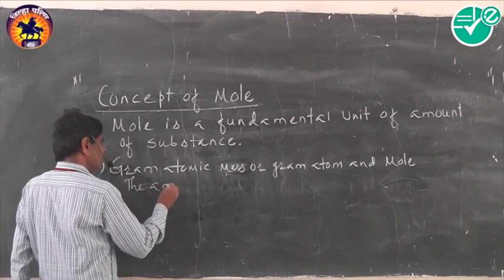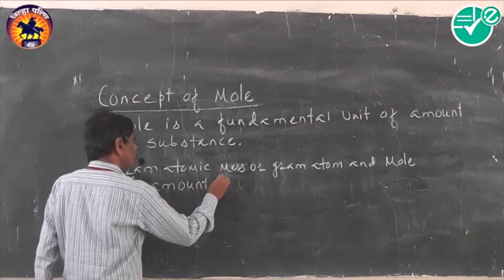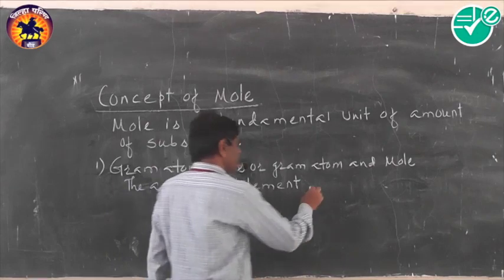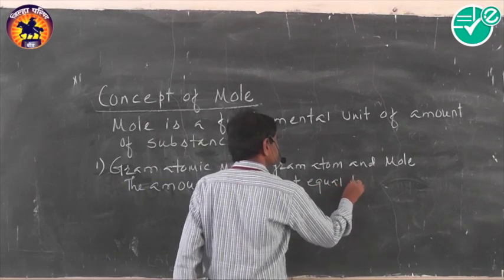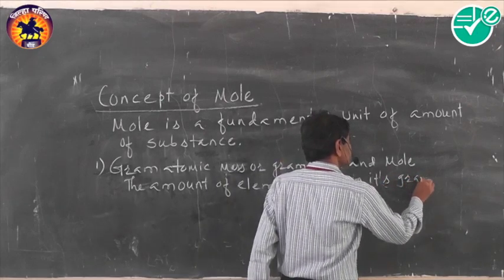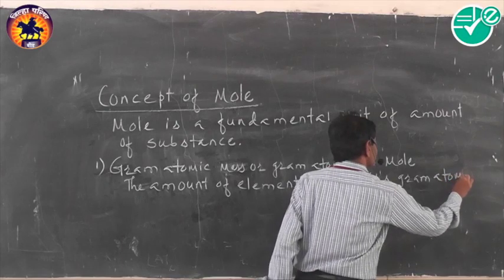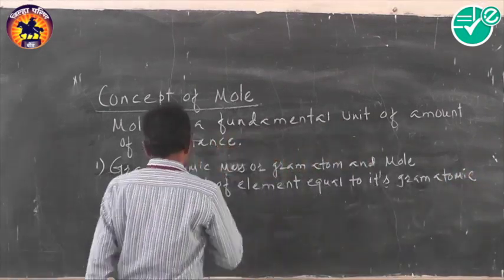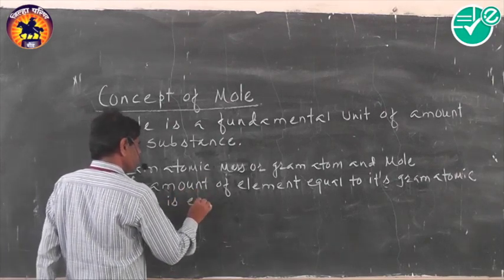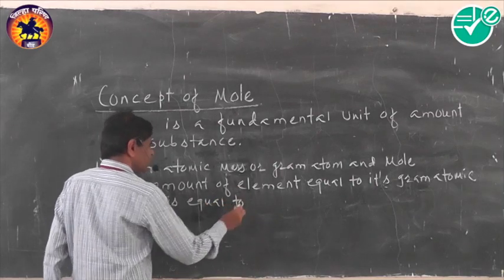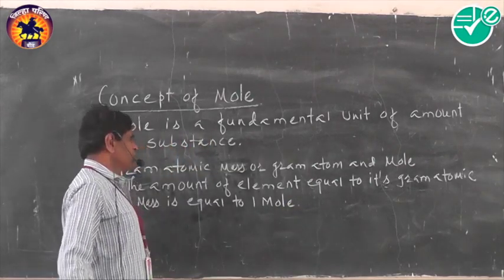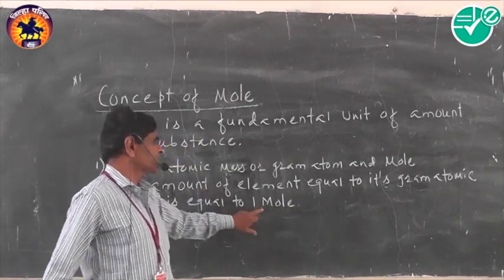The amount of element equal to its gram atomic mass is equal to 1 mole, or it is considered as 1 mole. And so gram atomic mass of an element is considered as 1 mole of the element.